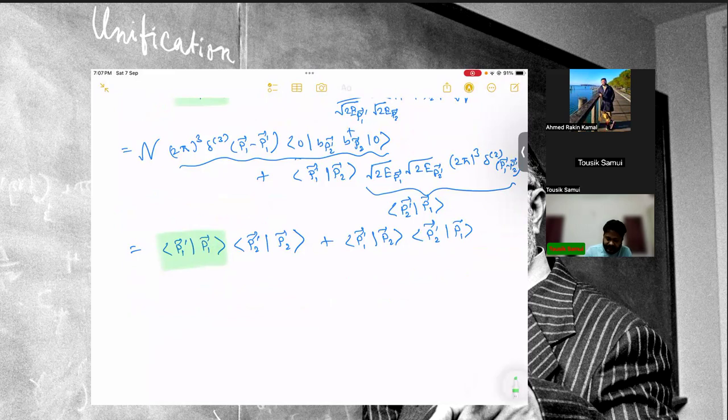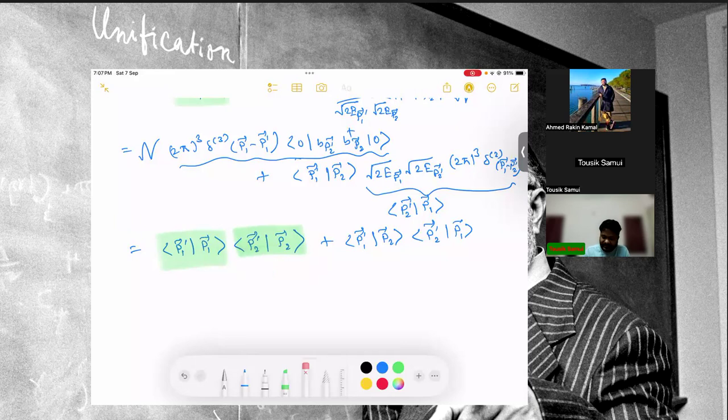And the second multiplication term is also the same, P2 going to P2 prime, and it is non-zero only if P2 and P2 prime are the same. So then only they can evolve.